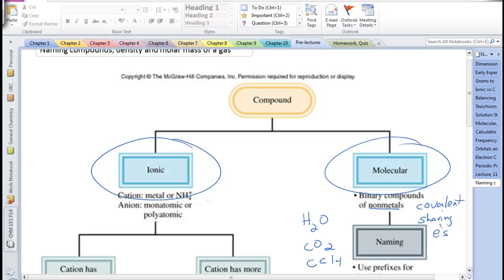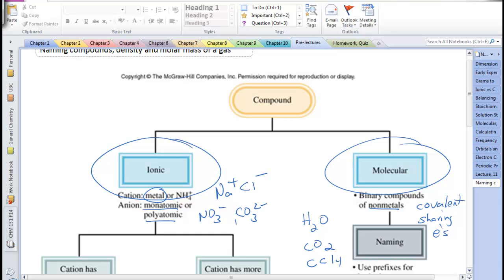They're typically either a metal cation, something like sodium +1, with a nonmetal anion, something like chloride. Or it could be a polyatomic anion, something like nitrate or carbonate.